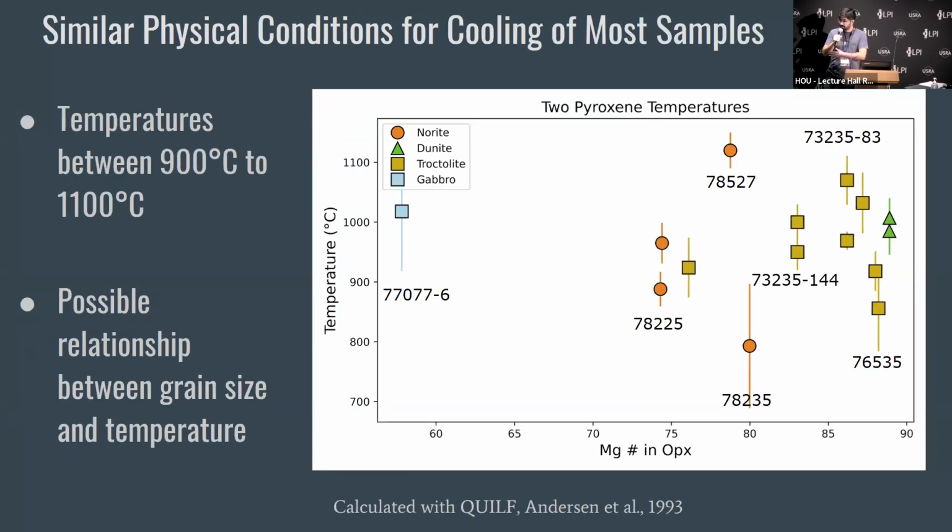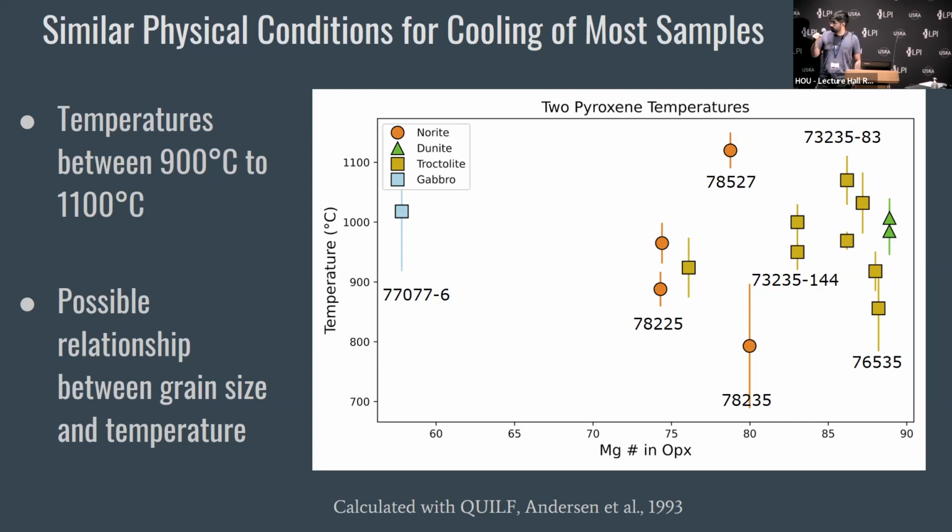And we're looking at temperatures now. I used to have fewer samples in this and it looked better because everything seemed to be around 1,000 degrees. And now we have a bigger range. So we're not sure what these temperatures are actually telling us, except for one thing that I noticed: the bigger grain sizes that we get are all at the bottom edge. 76535, 78235, 78255 are the most coarse grained samples.